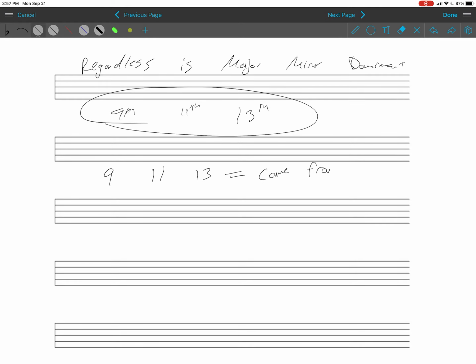So before you start spelling these out in all these different keys with all these different qualities, remember that the 9th, 11th, and 13th are coming from the regular key signature for that key.